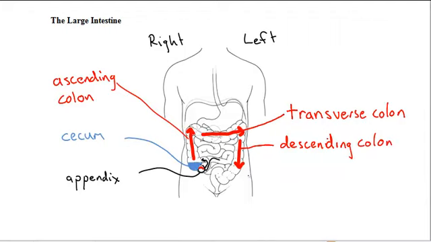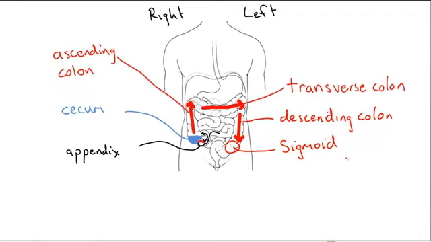And then at the bottom of the descending colon, we have this little section here. I'm not sure why it gets its name. It's called the sigmoid colon. All these parts are important because, in particular for doctors, you get colon cancer and they have to operate and remove various parts, and it is a way of landmarking what parts are important.